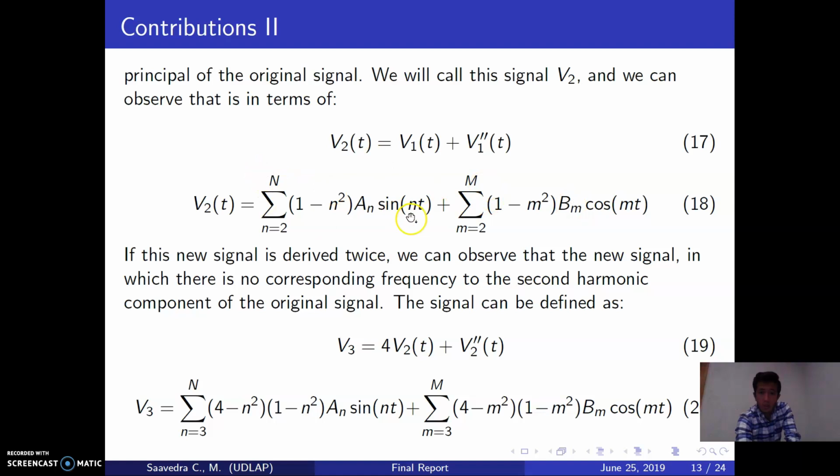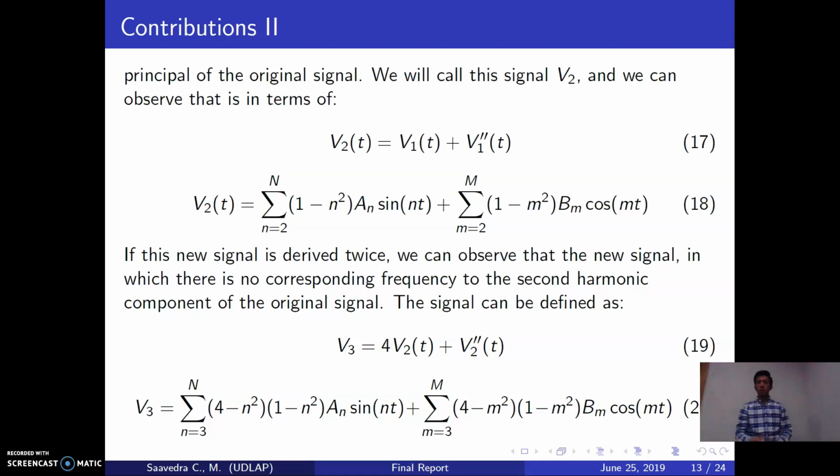After doing this, we have something like shown here, and we can observe a very important thing: we don't have the frequency omega anymore, so we can proceed with only the Fourier coefficients, and we don't have this principal component. So this is very useful for us.